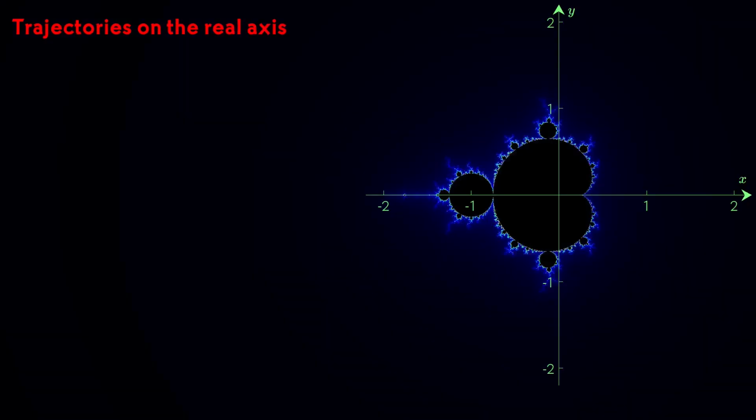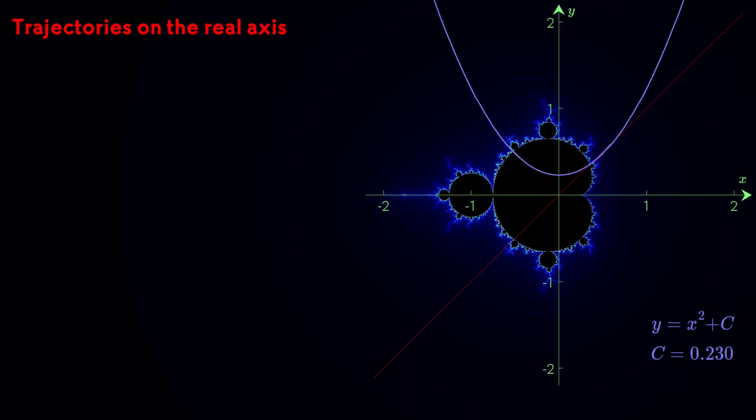Now let's look at what happens when we choose a larger range of values for c. We need to zoom out to show all the sorts of behavior that can happen. Once again, we need the y equals x line and the parabola y equals x squared plus c. And we will be drawing the spider web that tracks the iteration.